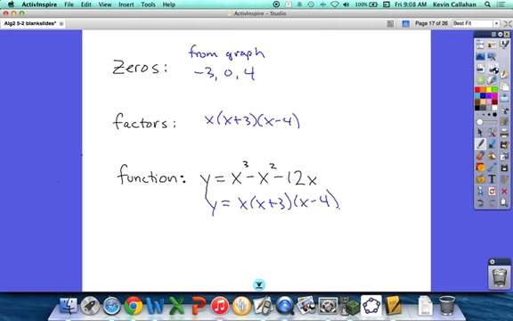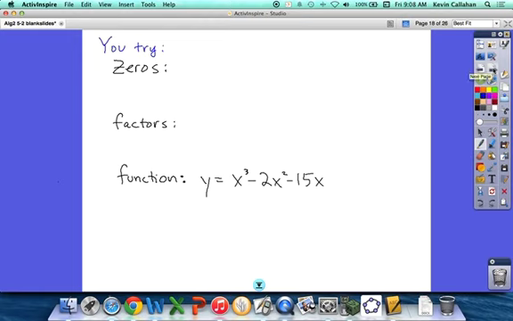Okay, try this one. Find the zeros and the factors by looking at the graph.